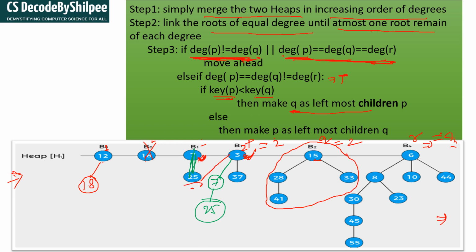Here it will come, this complete big subtree will come here, and afterward you will get the final subtree. If you merge this, you will get the final binomial heap, and all the binomial trees' degrees will always be unique.